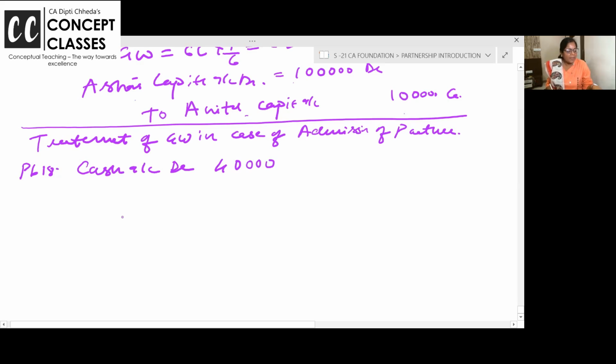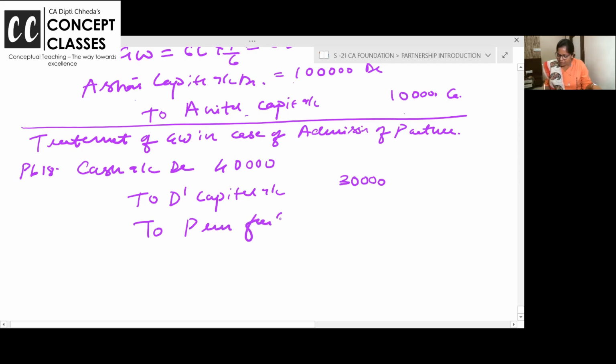Cash account debit 40,000, to D's capital account 30,000 and 10,000 D is bringing as premium for goodwill. Nice, clear.